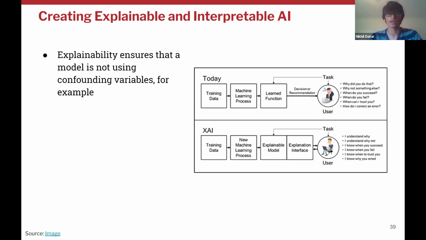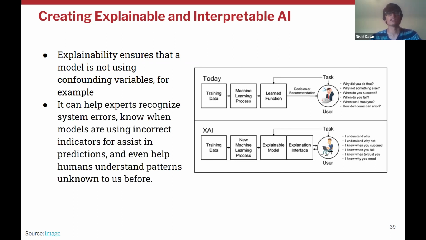And so explainability would ensure that a model is not using confounding variables, for example, because if a physician or a researcher is able to understand why the model is making a specific prediction, then it would allow us to retrace the variables it is using to make that prediction and identify whether any confounding variables actually exist. It also would help experts recognize system errors and know when models are using incorrect indicators. And that is essentially related to confounding variables.